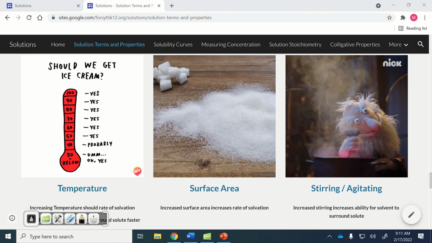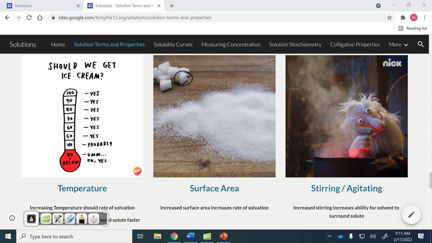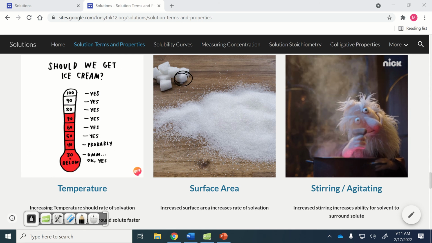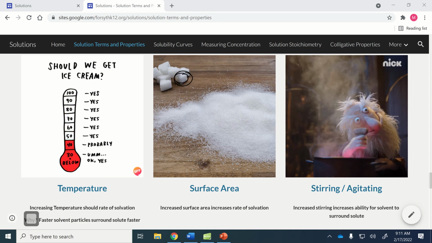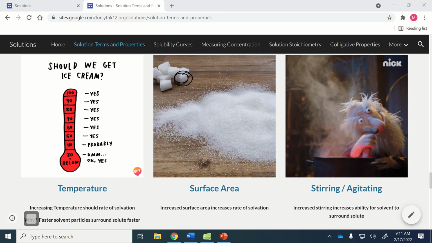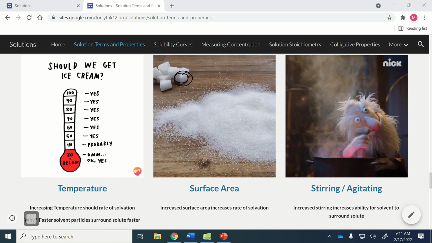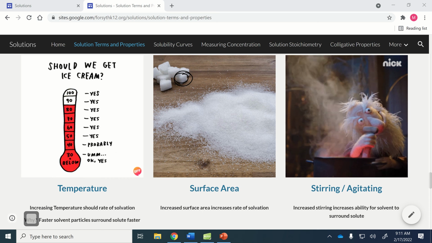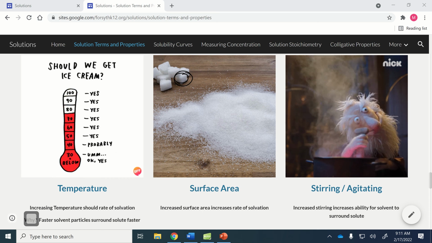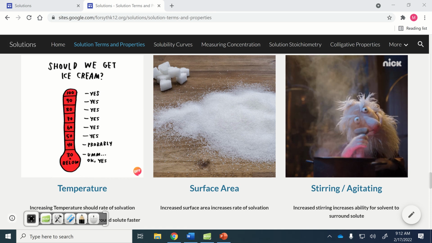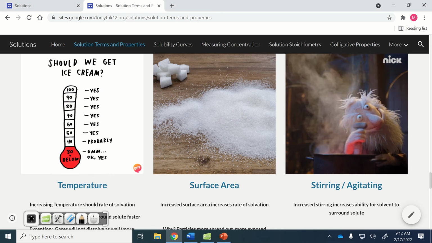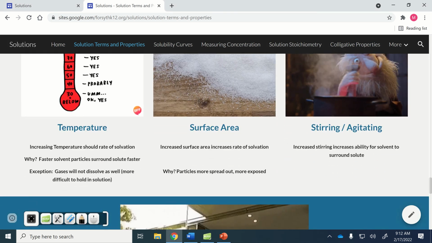If I put the sugar cube into the water, only the outside particles are exposed, and therefore it'll take longer for me to get down into the core of that sugar cube. But if I smash it, every single particle is exposed, and therefore it has more surface area, and can undergo solvation quickly.